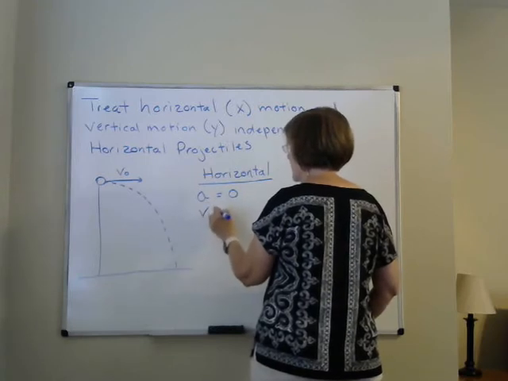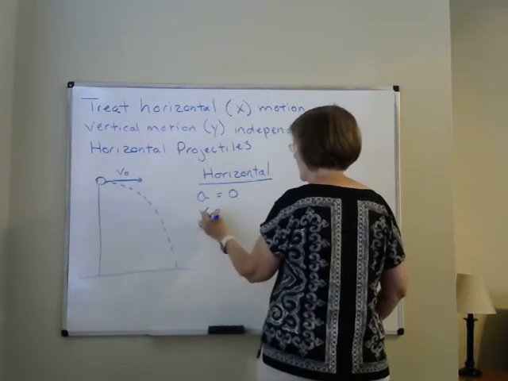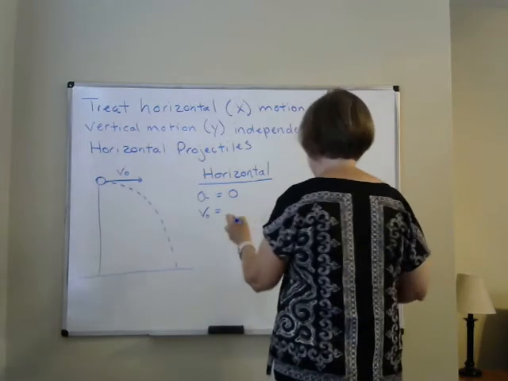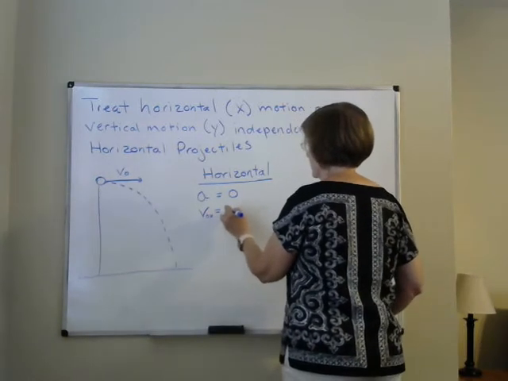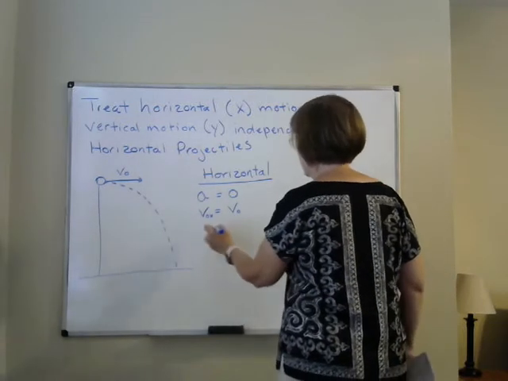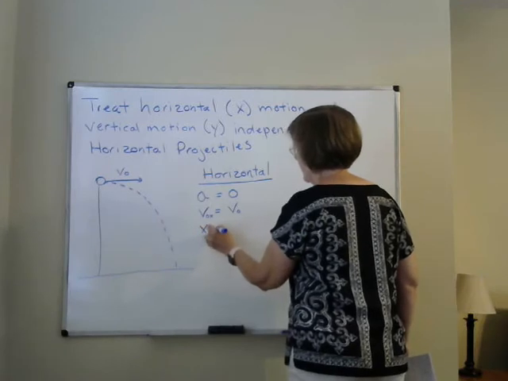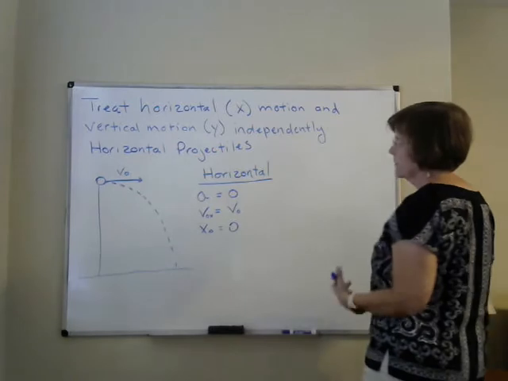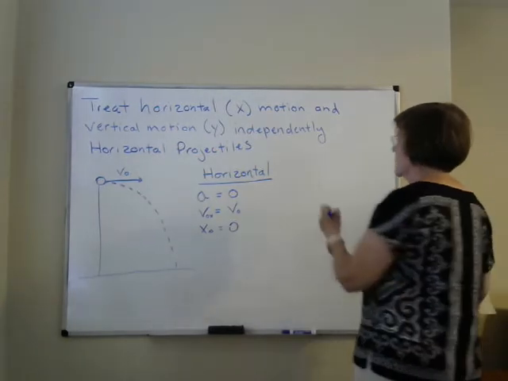The velocity is just whatever your initial velocity was. And your initial position, we usually let that be 0 as well. That's our initial conditions, if you want to think about it.